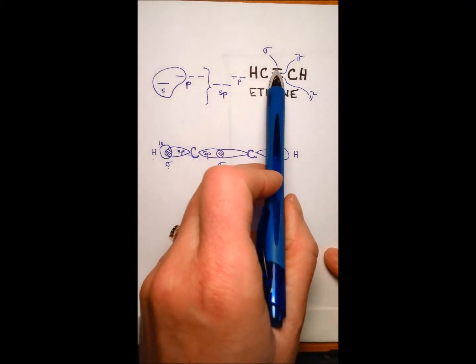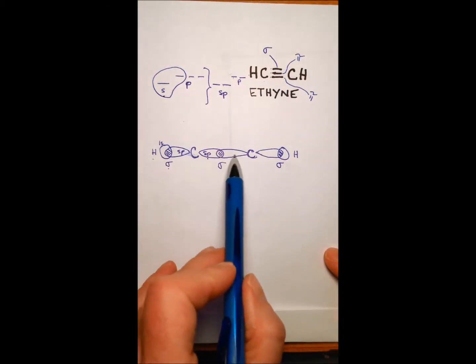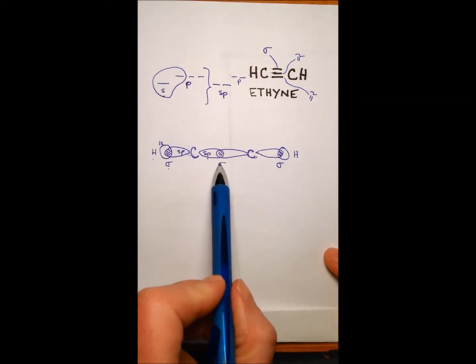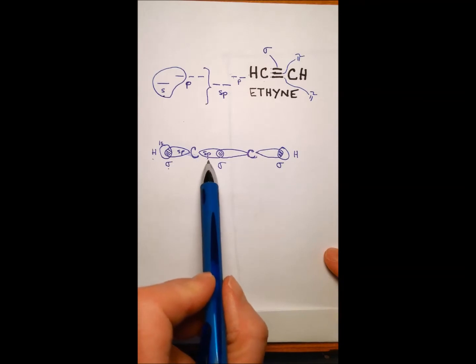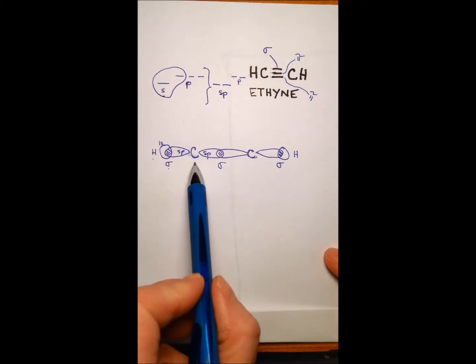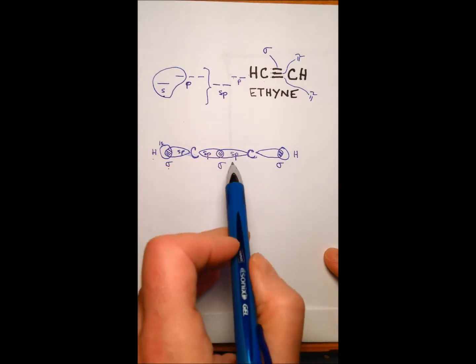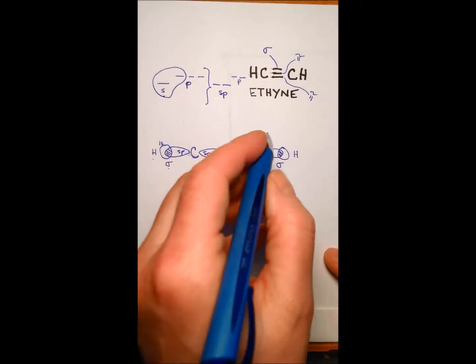Now, the sigma part of the triple is right here. It is the head-on part. It is a direct overlap between an sp hybrid orbital on carbon number 1 with an sp hybrid orbital on carbon number 2.